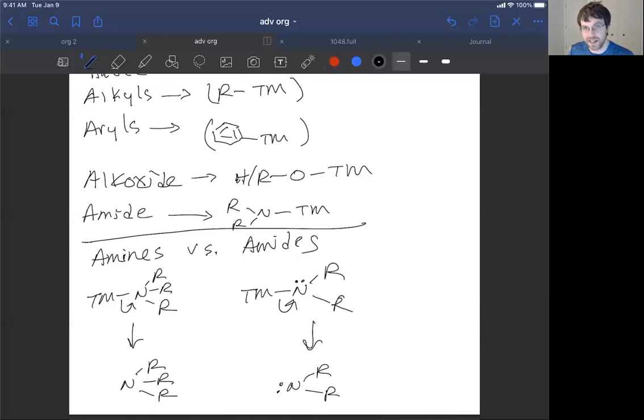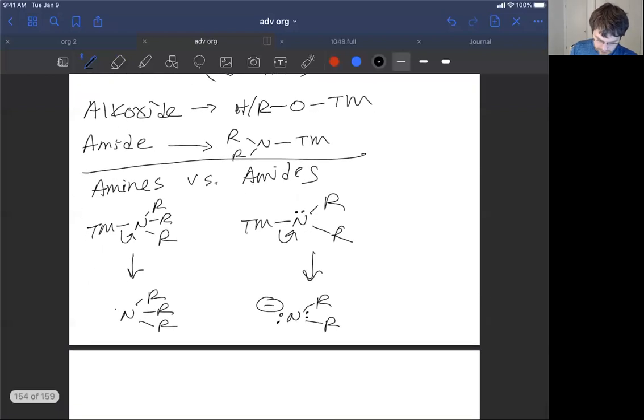That's how we get an octet on the nitrogen, and so we'd have 2 lone pairs, and that would be negatively charged. Whereas with our amine, we have a neutral molecule with just the 1 lone pair. So we have a Lewis base on the left and a monovalent ligand on the right. Again, if you push the electrons over to the atom that's bonded directly to the transition metal and it has a -1 charge, then you've got a monovalent ligand.